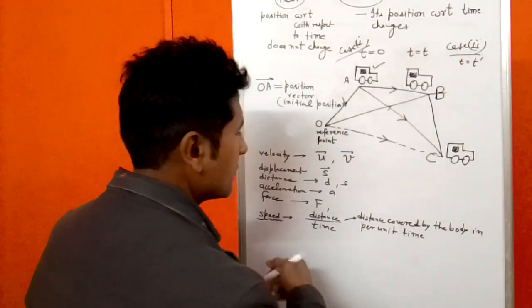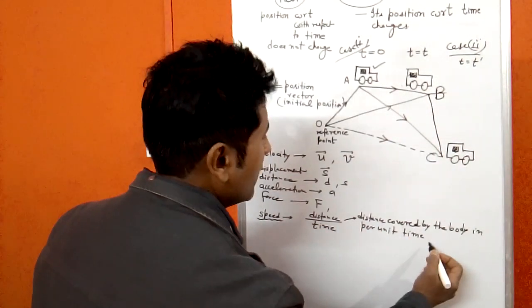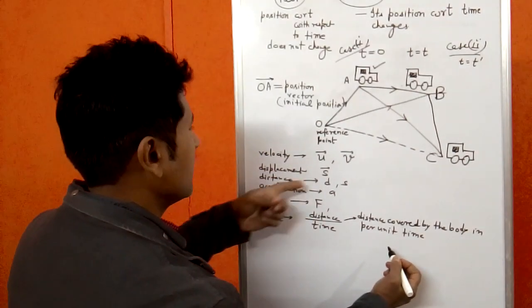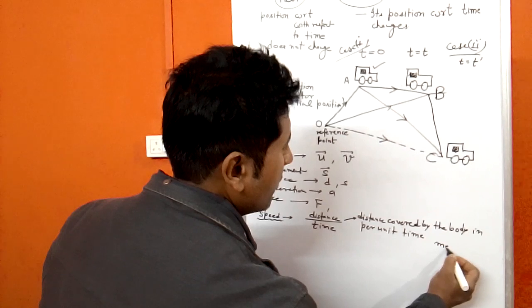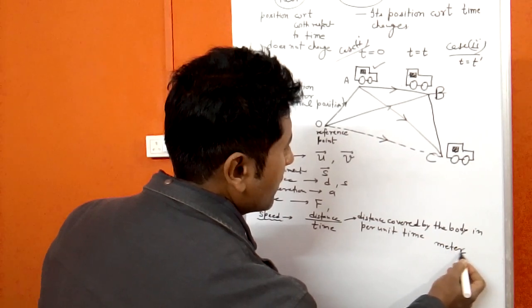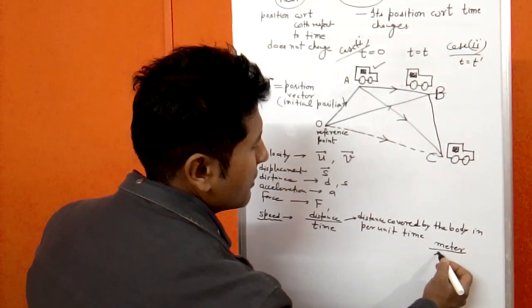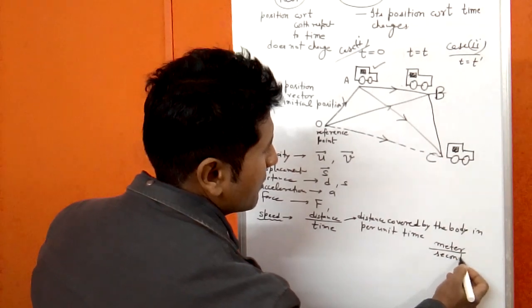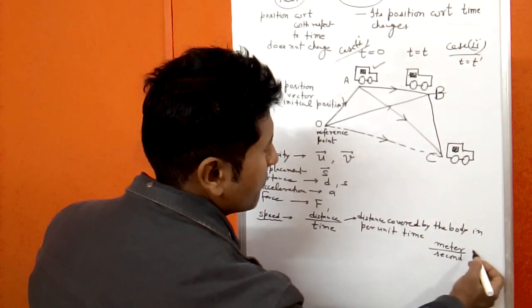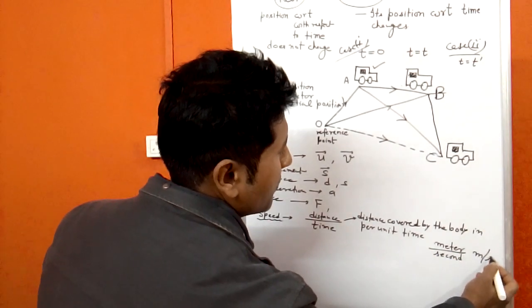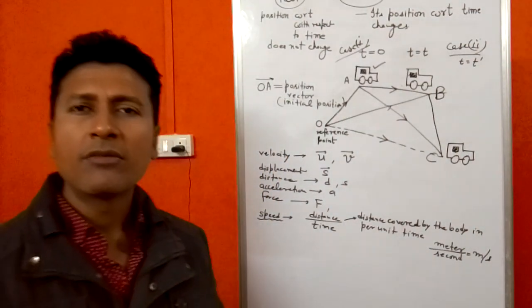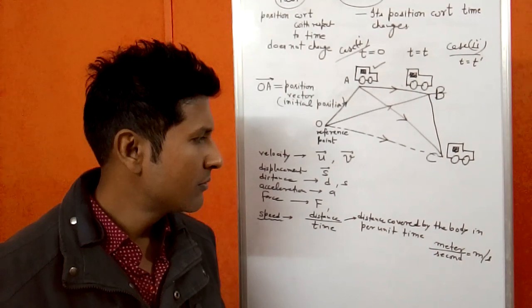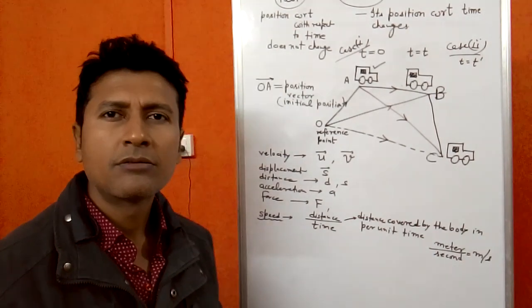What is the unit of distance? It is meter, right? So it will be meter divided by time, means second. So the unit has become meter per second, right? I hope this point must be clear.